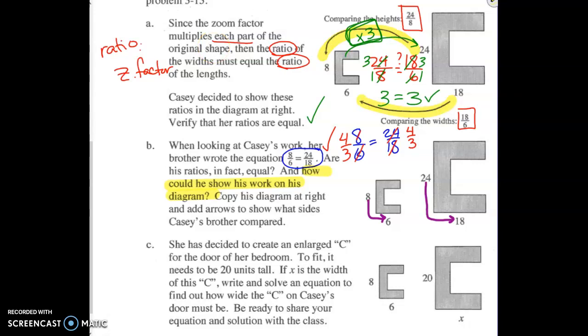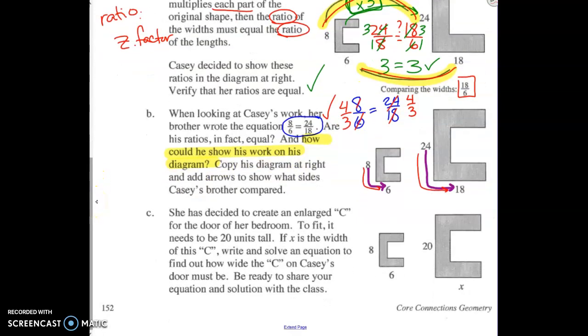Length to length, length to length, width to width, length to width, length to width. So it works the same in both shapes. This is another way that we can use a zoom factor. You can use the zoom factor within the shape itself and compare it to the other shape. So there's multiple different ways to do this.